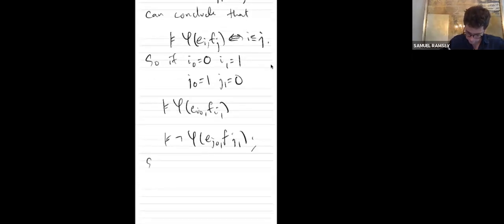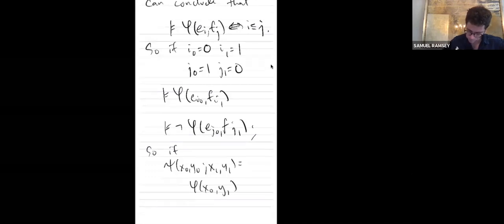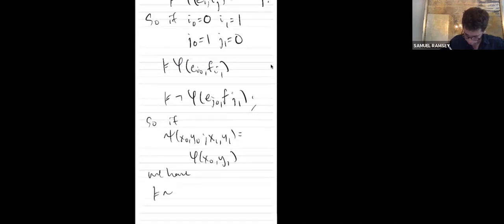So now I'm being a bit pedantic, but if we define C(x0, y0, x1, y1) to be the formula, let's say, phi(x0, y1), we have C(di0, di1) and not C(dj0, dj1).